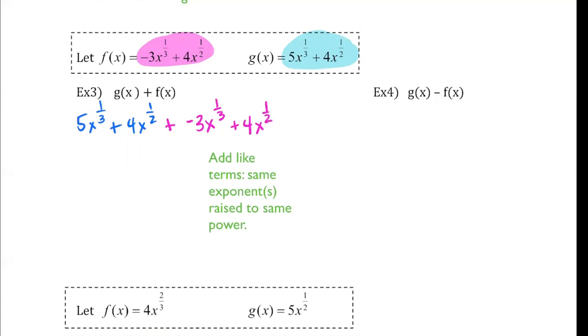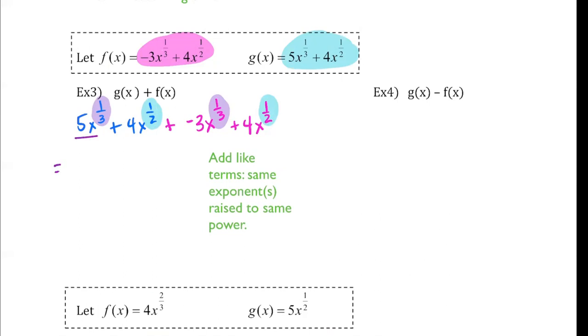So when adding for like terms, remember that you have to have the same base and the same exponent. So this one that is raised to the 1/3, I can add it with that term. And this one with the 1/2 as the exponent, I can add those two terms.